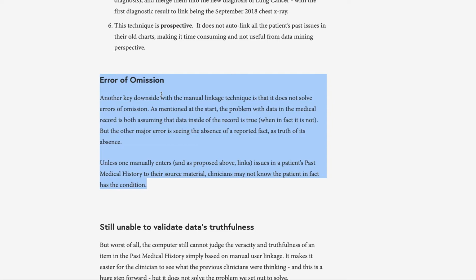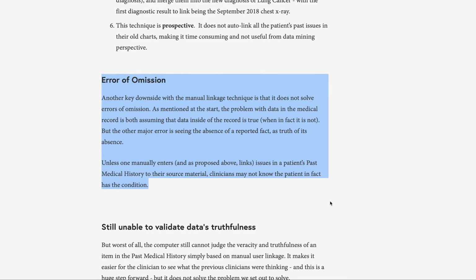And so we enter into this problem of errors of omission, where if no one's asked a patient if they have a particular condition, and if no one's gone back to the old records to verify if that has ever been documented or not, we may end up in a case where clinicians think that a patient doesn't have something, when in fact they do. But that data was just never linked to a created issue.